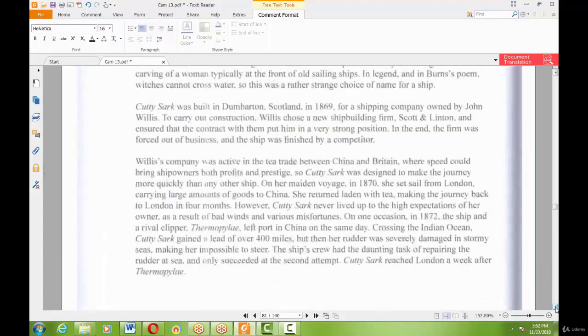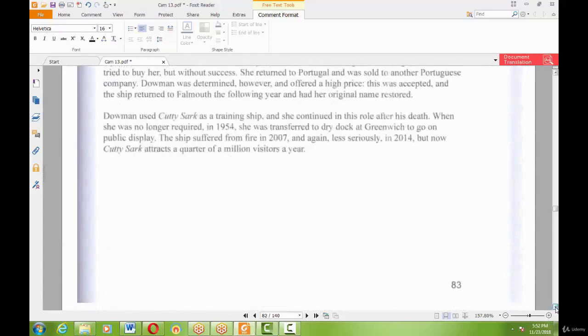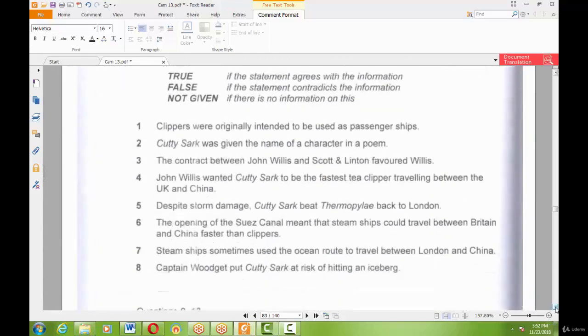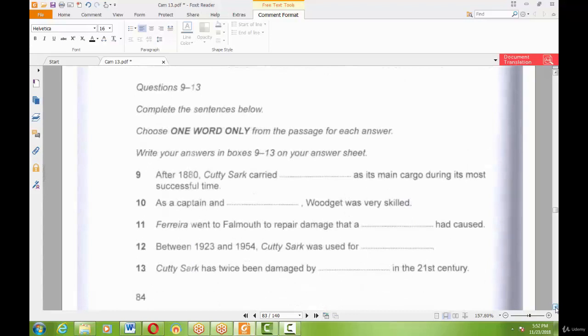First I pulled questions from the true false not given, and then I pulled some keyword language from the fill in the blank questions.